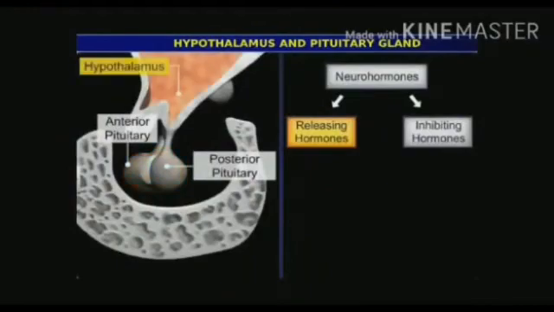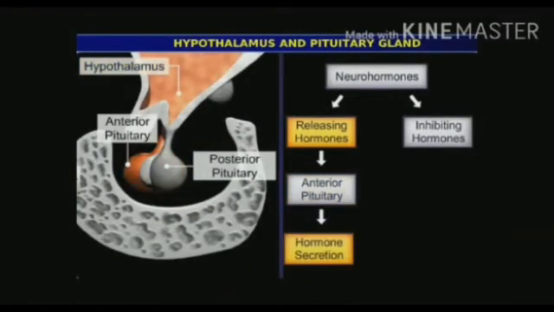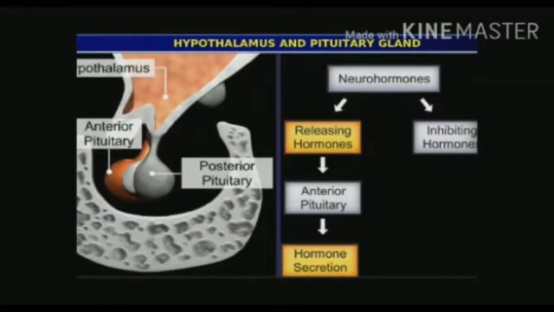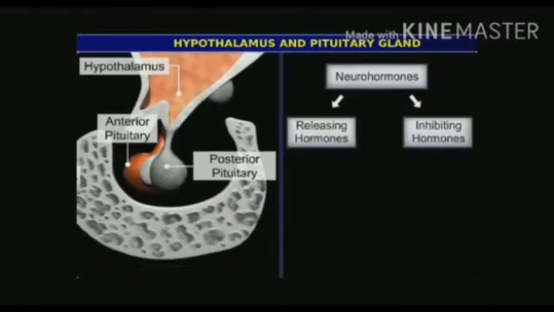These two pass through blood and reach the anterior lobe of the pituitary gland. The releasing hormones produced by the hypothalamus stimulate the anterior lobe of the pituitary, and tropic hormones are produced from there.